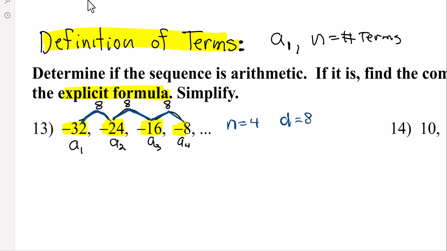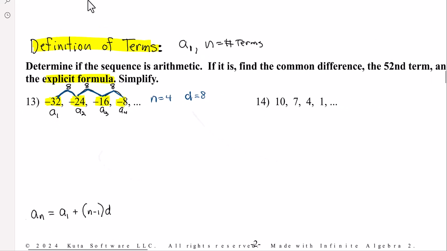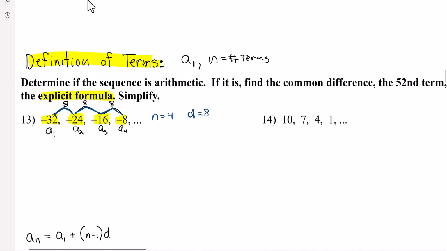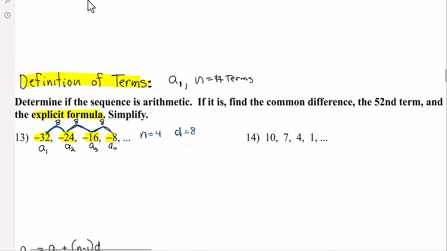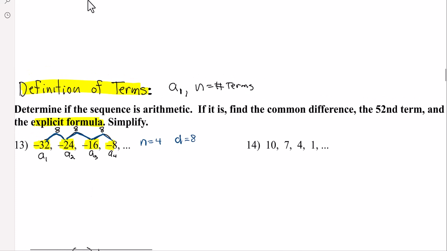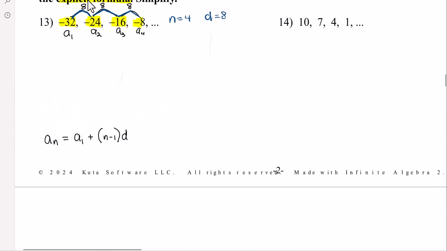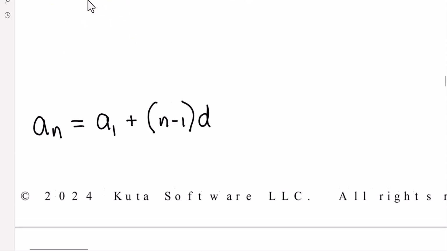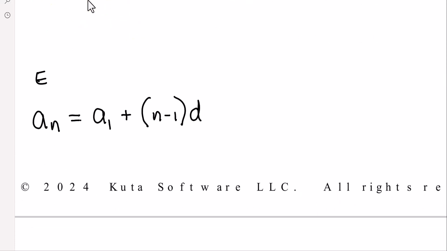Okay. So now, let's see. Determine if the sequence is arithmetic. Find the common difference, the 52nd term using the explicit formula. Okay, so this is the explicit formula.